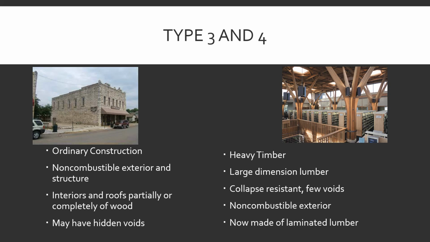However, as buildings keep going up and large old growth trees are no longer around, they are made out of laminated lumber, which essentially is several smaller pieces of lumber that are glued together, which have, as built, the strength and look of heavy timber, but as they burn, the glue may melt, and you may not get the fire resistance of a true old school heavy timber building, but they still fall under this classification.